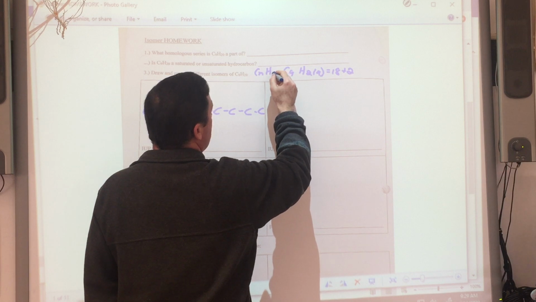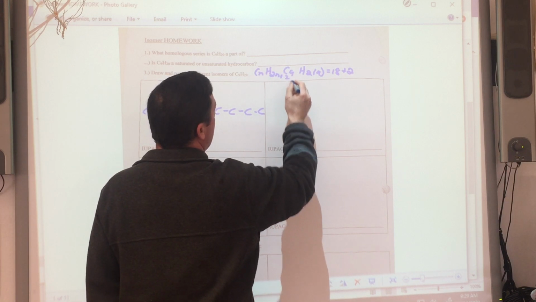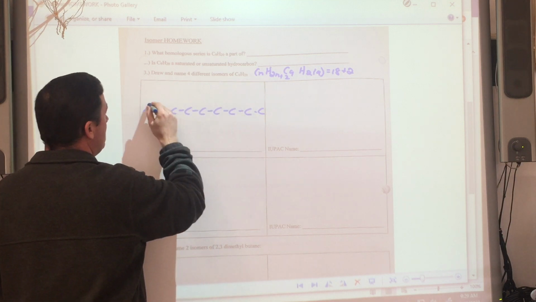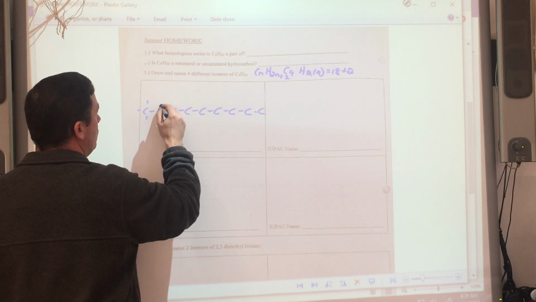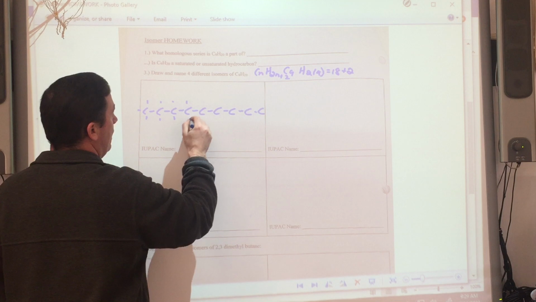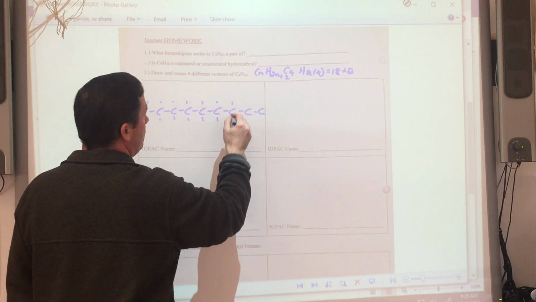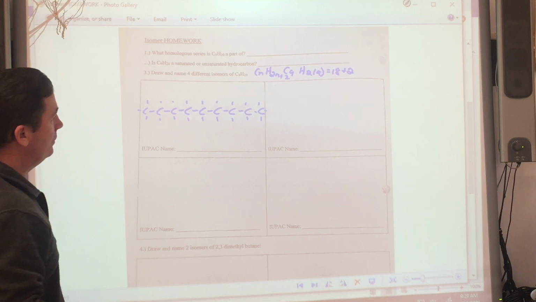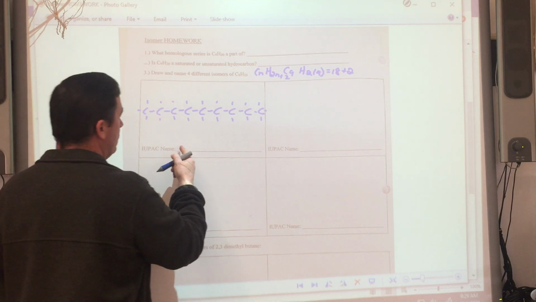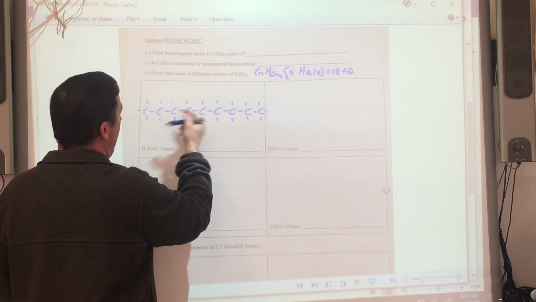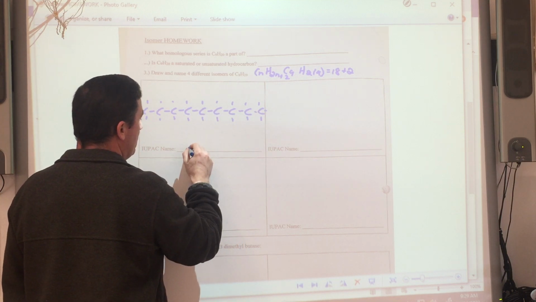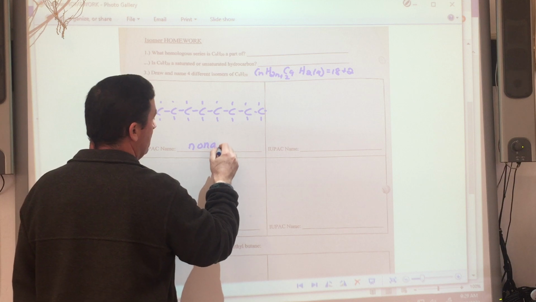So this is 2n plus 2, and this tells me it's an alkane. 1, 2, 3, 4, 5, 6, 7, 8, 9, 10, up to 20. Okay? So this is 9 in a row. 1, 2, 3, 4, 5, 6, 7, 8, 9. This is simply called nonane.